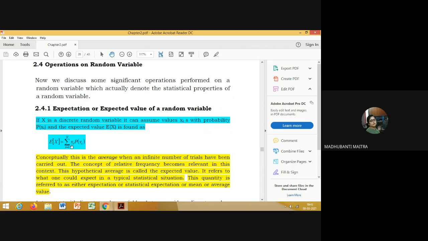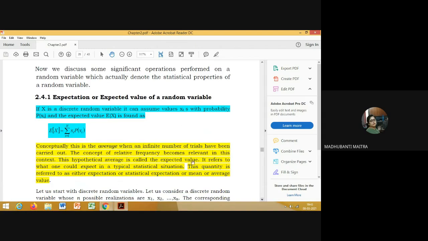So xi is one possible realization of this discrete random variable X, and P(xi) is the associated probability. If we sum all these terms, that means x1 P(x1) plus x2 P(x2), etc., then we'll get the expectation.